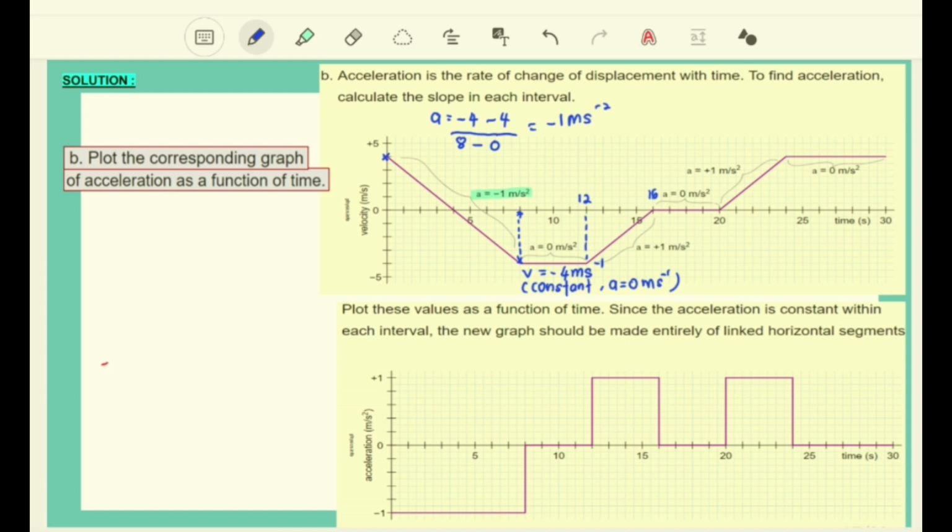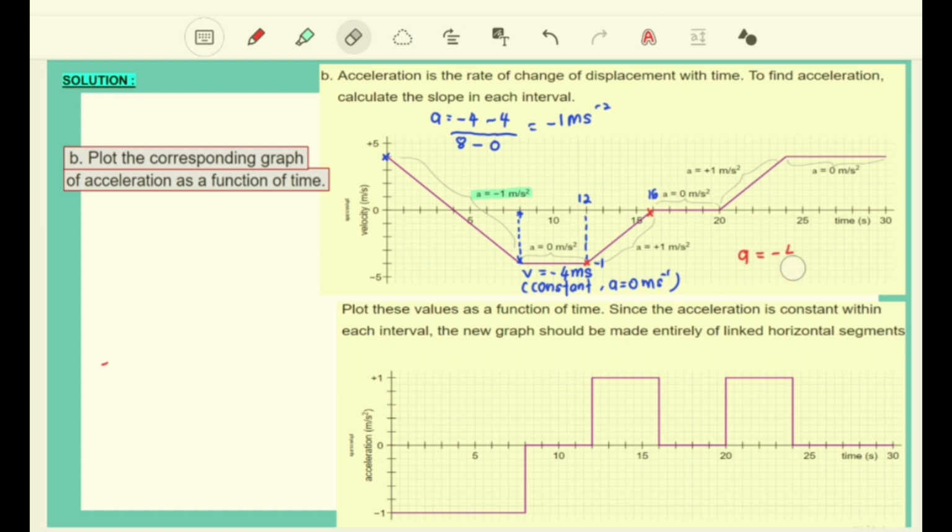Let's calculate the gradient. Let's use the red color now. So a is equal to, we are calculating this one, right? From here, initial, this is final. This is very important. You must make sure the initial and final points are not wrong, otherwise your positive and negative signs will be wrong. So a is equal to, Y is negative 4.